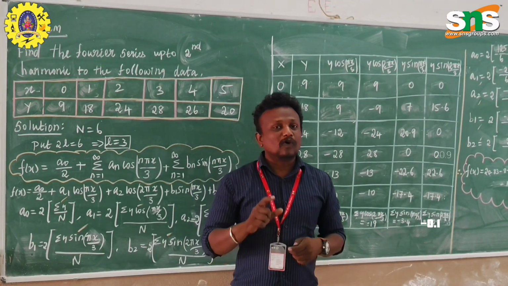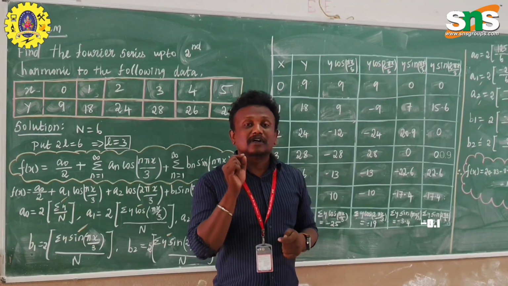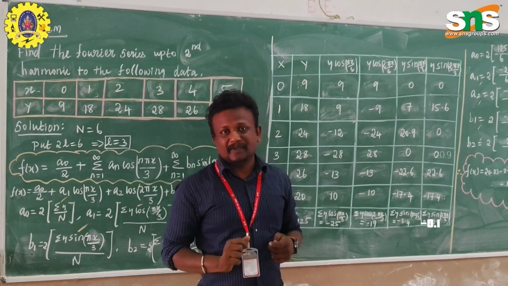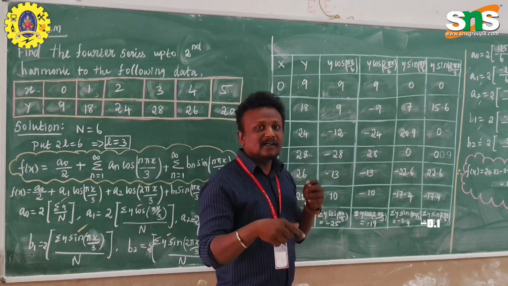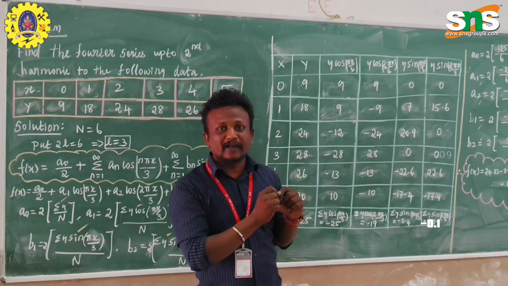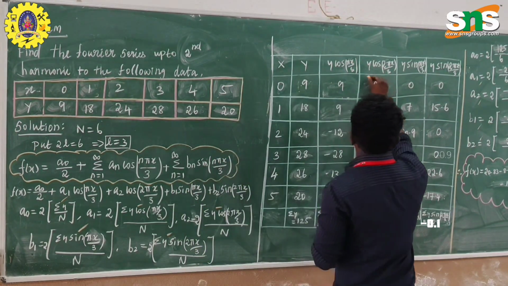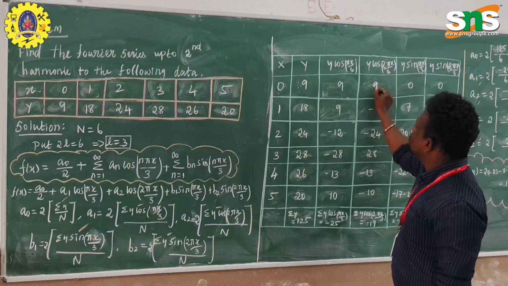To avoid such a situation, we have to solve this problem carefully. I will explain only one step, and with the same concept you can find all the other square values.